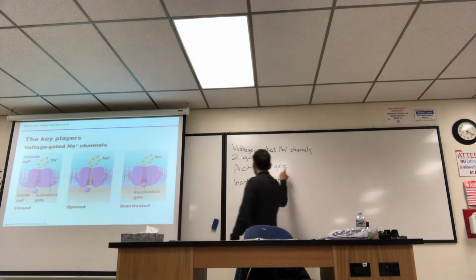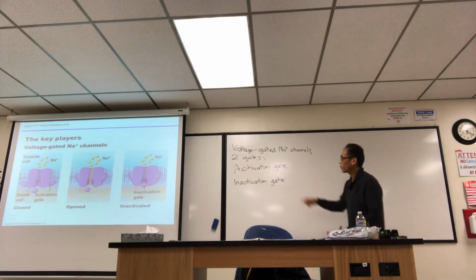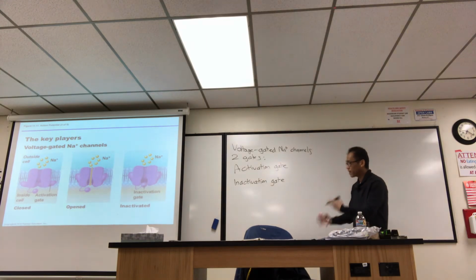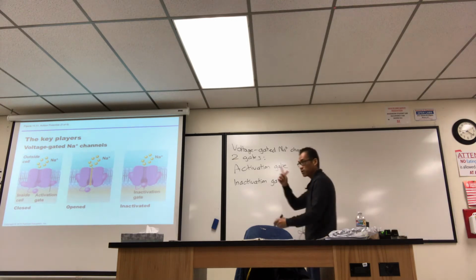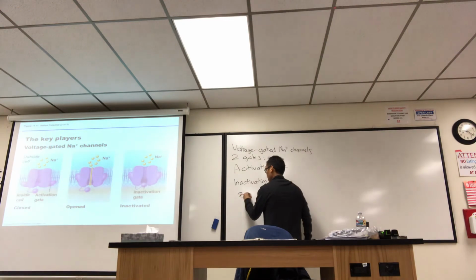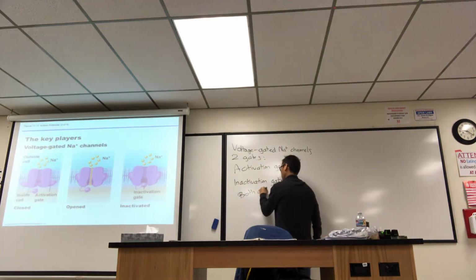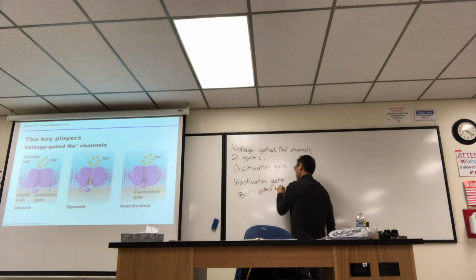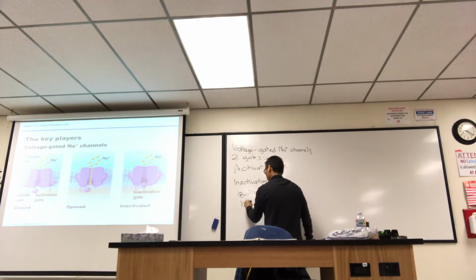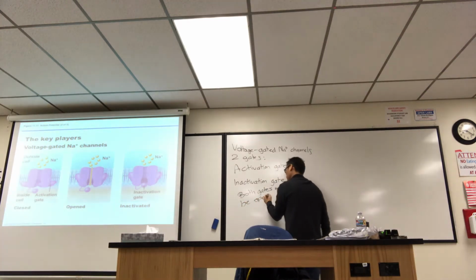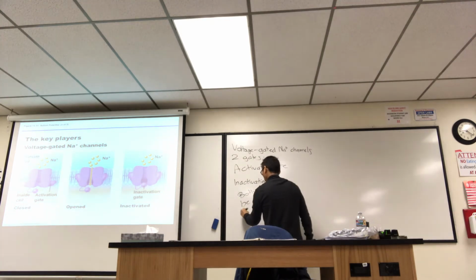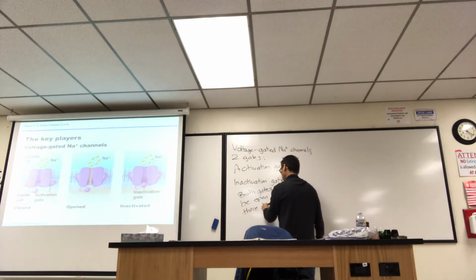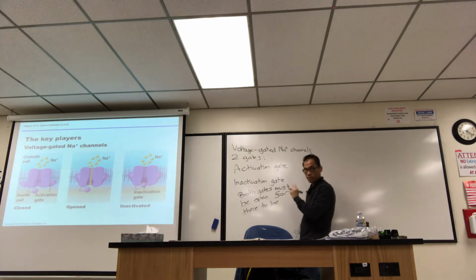Now, the thing is, for the channel to be open, both gates have to be open, right? Because if one of the gates is closed, ain't none coming in. That's a condition. Both gates must be open for there to be sodium influx.